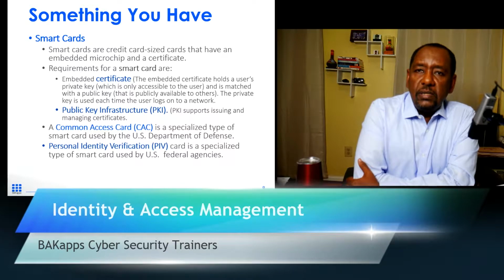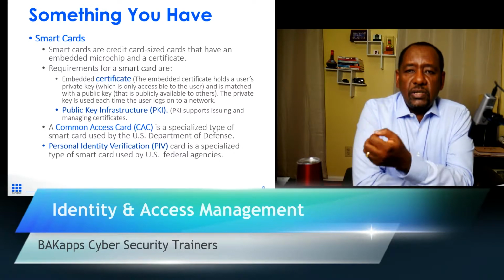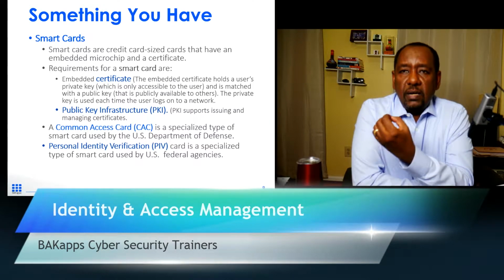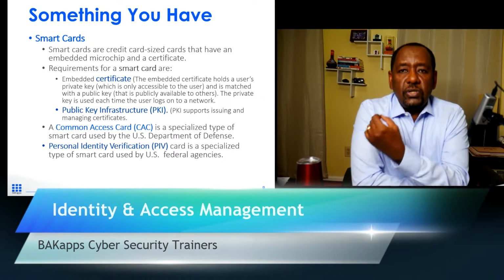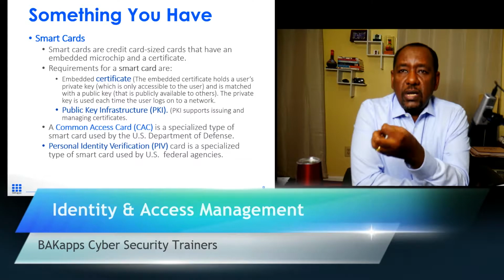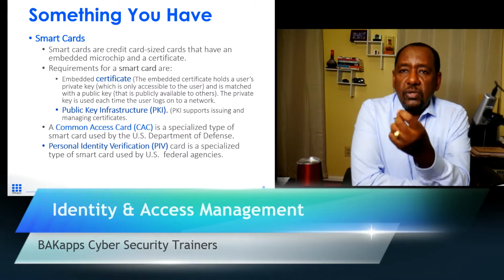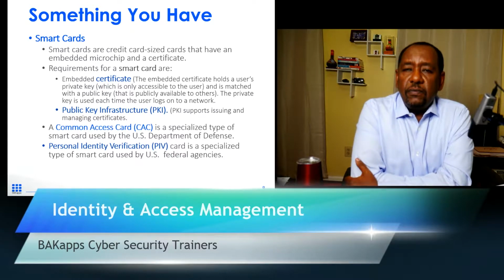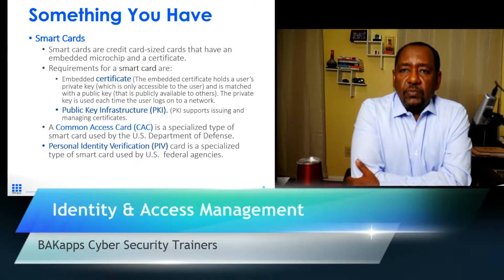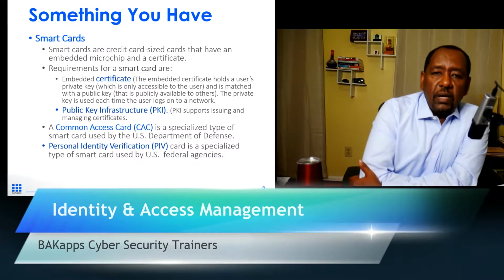What are smart cards? Those are credit card sized cards that have an embedded microchip and a certificate. So there is a chip that contains data, and there is also a certificate embedded on the card that proves your identity. So what are the requirements?